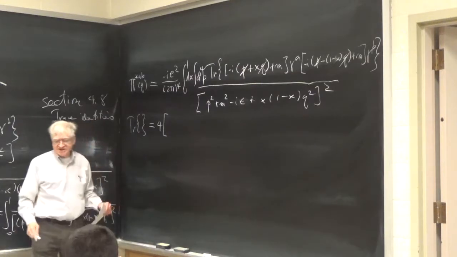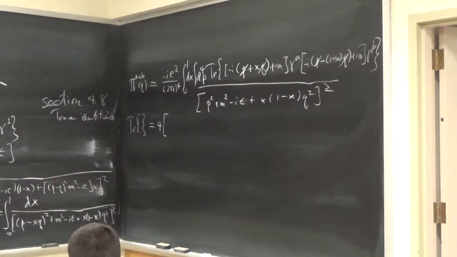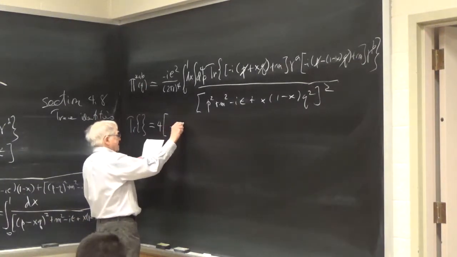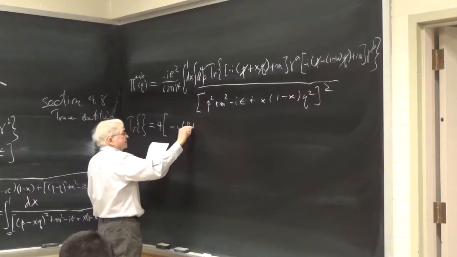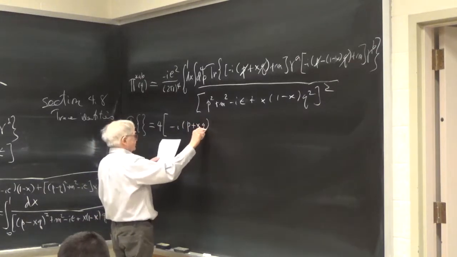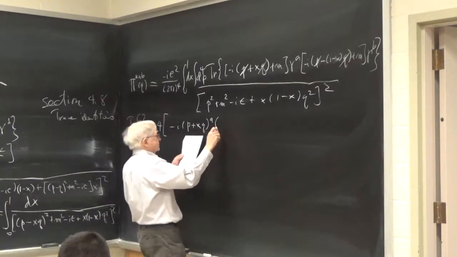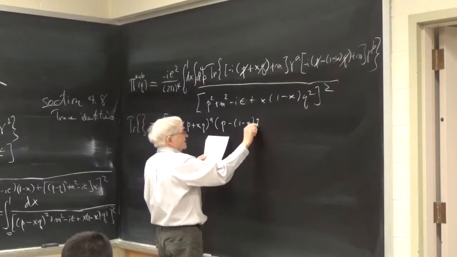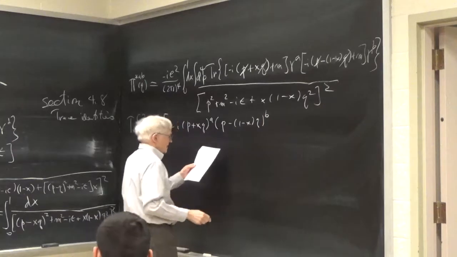As you know, traces tend to be 4 or 0, and the coefficient of 4 is minus i (p plus x q)^a (p minus (1 minus x) q)^b.